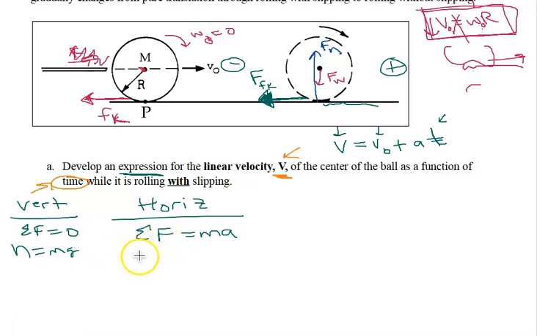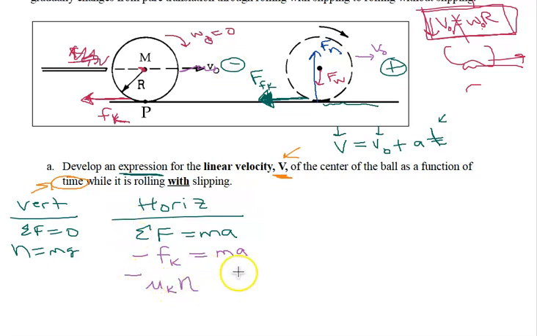So the first thing we want to do is say, I have minus friction kinetic equals ma, because my velocity is to the right. I'm going to call that positive. So don't confuse: my velocity vector is positive and my friction is negative. And what's the formula for friction?